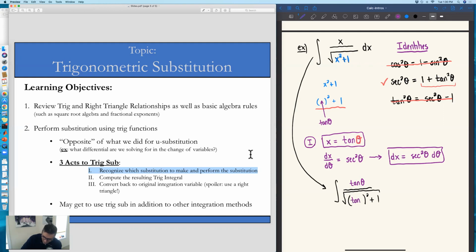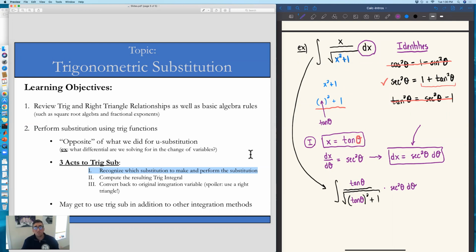But we're not done yet because we need to replace that dx that we had up above. So we're replacing dx with what we just found in terms of that relationship between dx and d theta. That gives us a secant squared theta d theta.